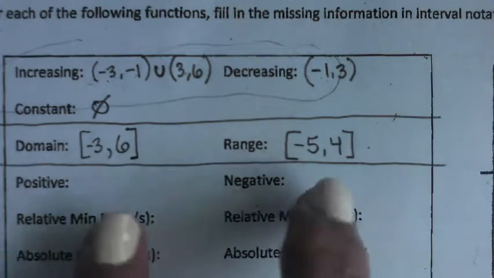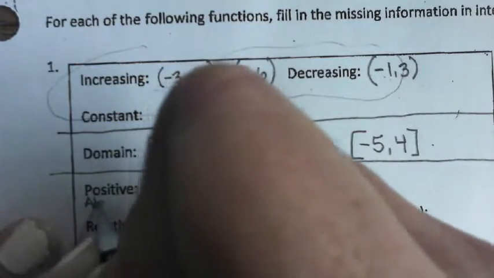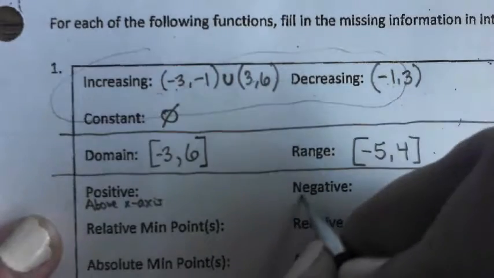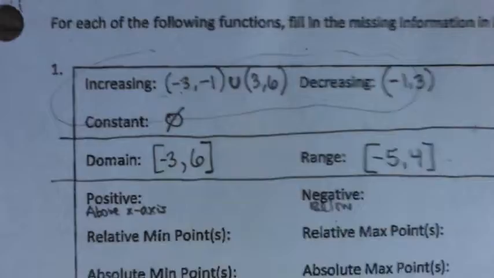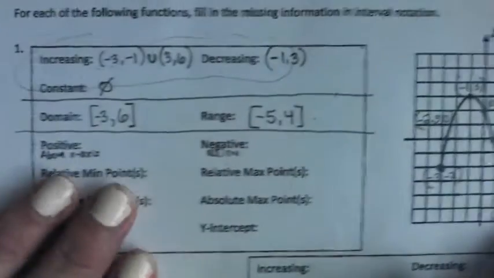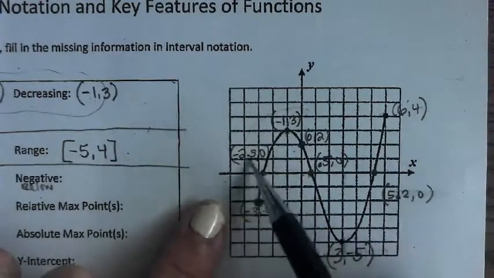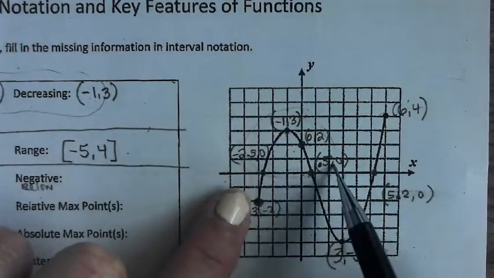Okay? Positive and negative. Positive means above the x-axis. Negative means below. Okay? When is the function positive means when is it above the x-axis? Can everyone focus in here? Do we all agree that it's above the x-axis right there?